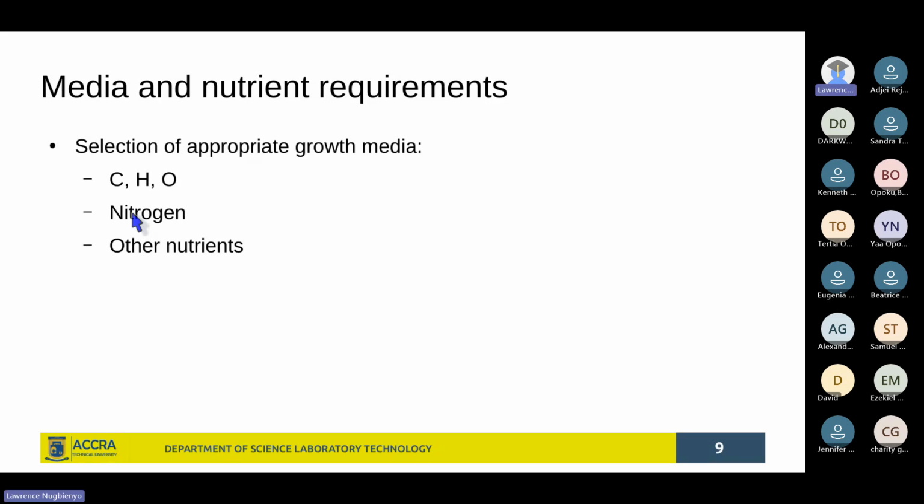So in fact, if you take biological systems, the major components you will find will be carbon, hydrogen, oxygen, nitrogen. You'll find sulfur also because some of the amino acids contain sulfur.